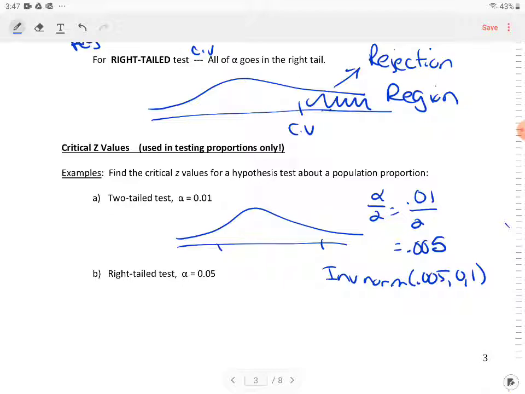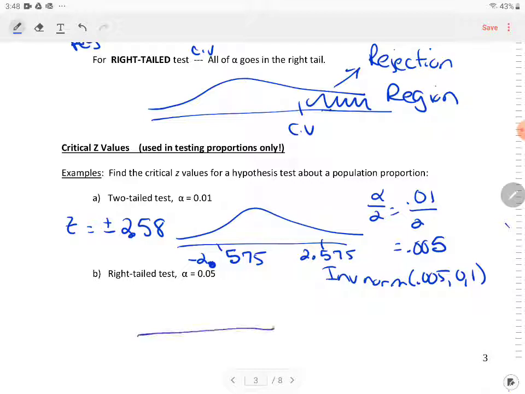I get negative 2.575. And again, for our purposes, we usually do z-scores to two decimals, but these are given generally to 3. So to be consistent, our z-scores would be z is equal to plus or minus, or write them separately, 2.58, because the 5 rounds up.